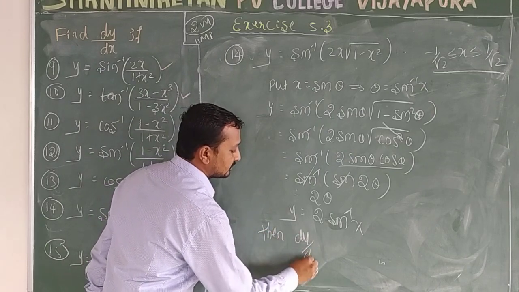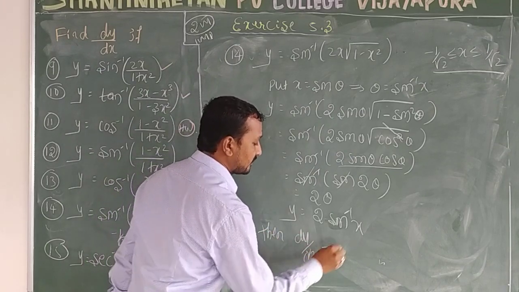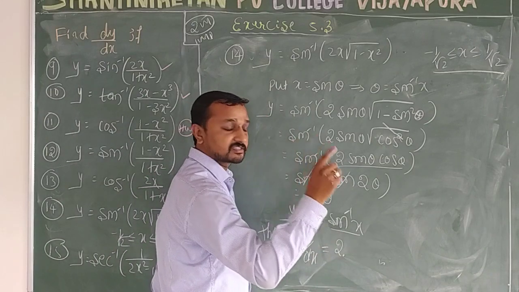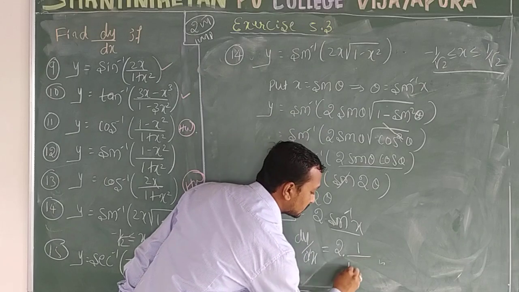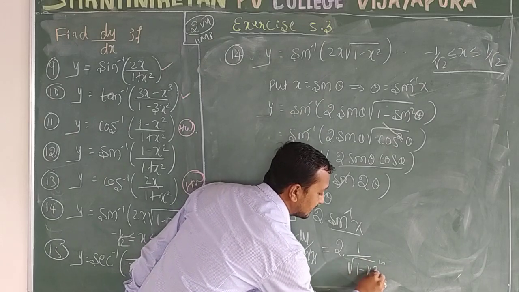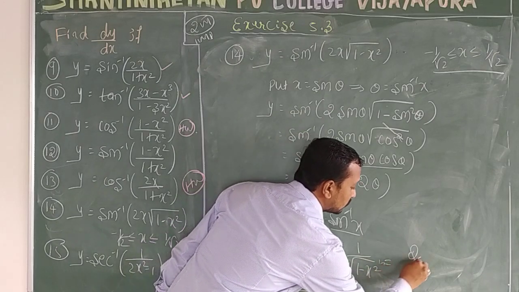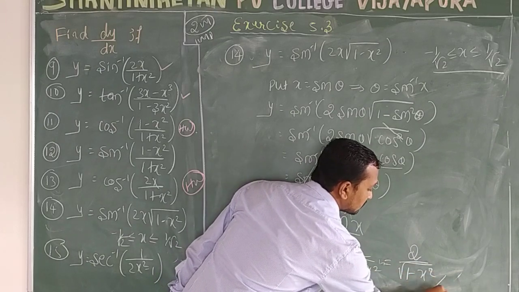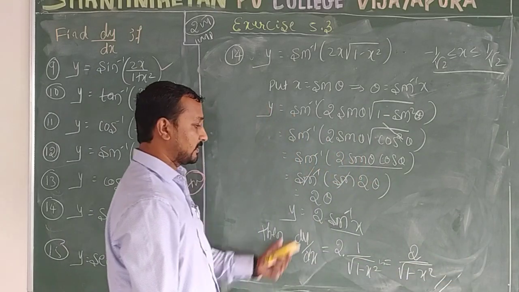Then dy by dx, take 2 as common. What is the derivative of sin inverse of x? 1 divided by root of 1 minus x square. So dy by dx is 2 divided by root of 1 minus x square, which is the answer. Very simple example.